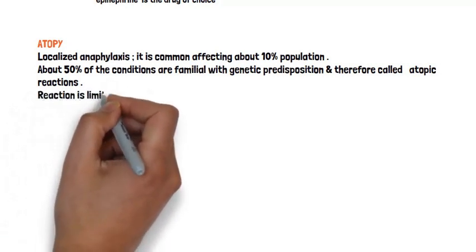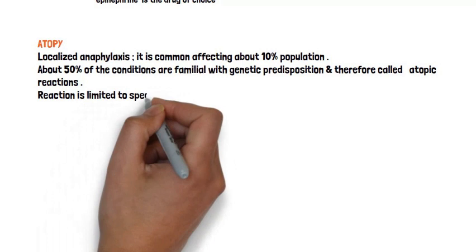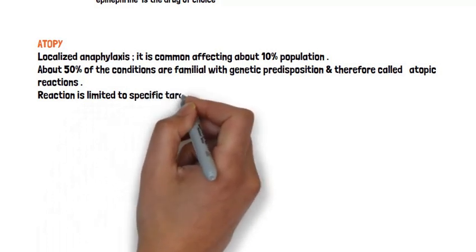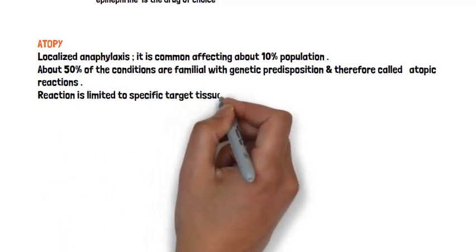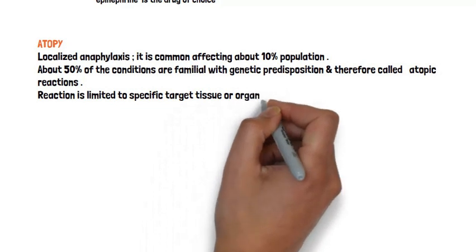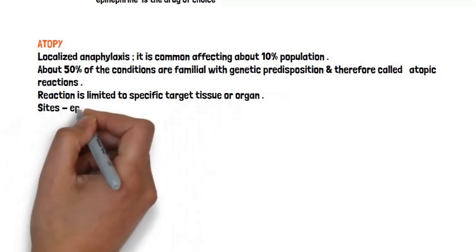Sites: epithelial surface at the entry of allergen. Inherited, runs in families. Affects greater than 20% of people.